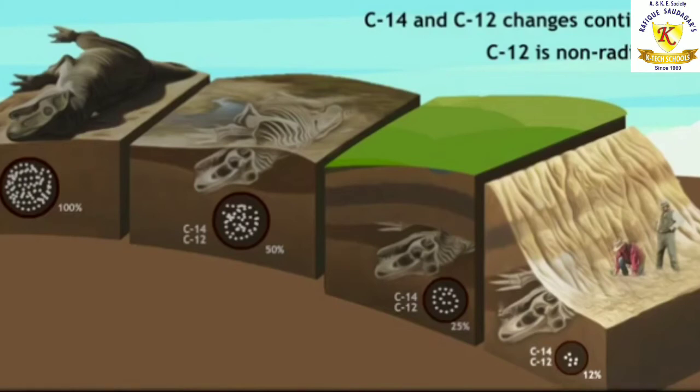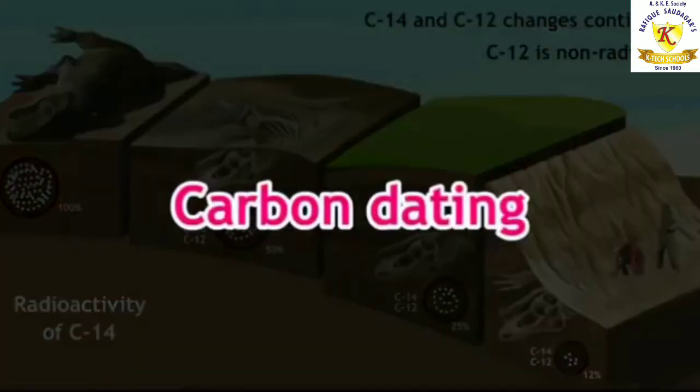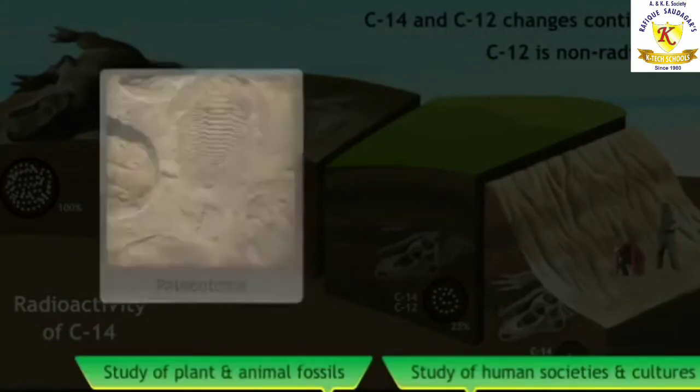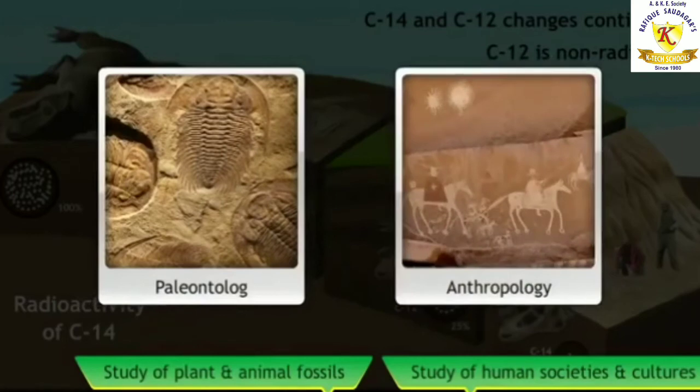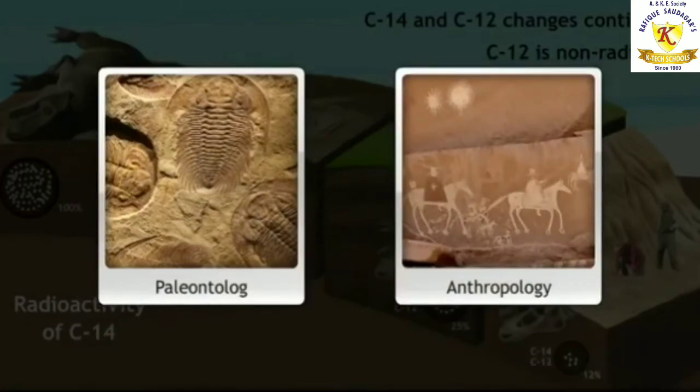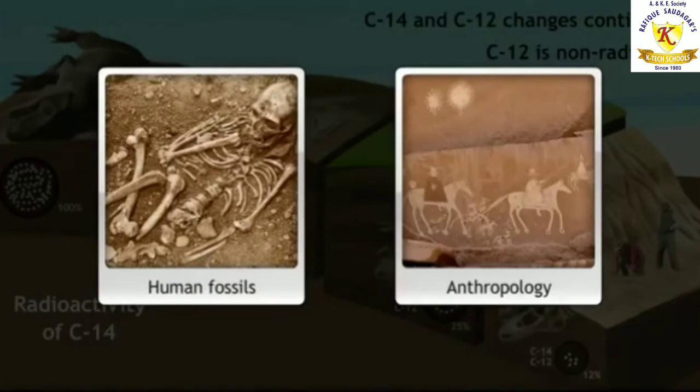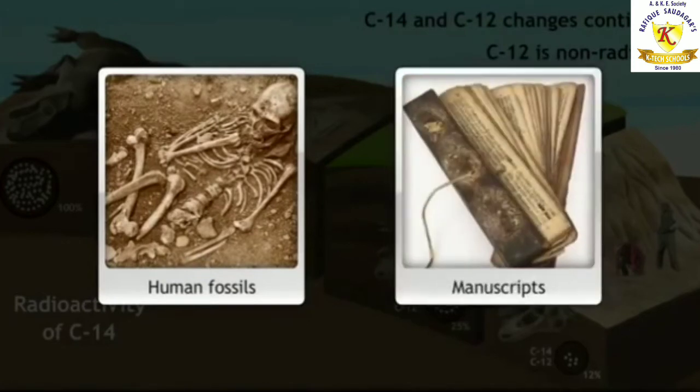The time passed since the death of a plant or animal can be calculated by measuring the radioactivity of carbon 14 and ratio of carbon 14 to carbon 12 present in their body. This is called as carbon dating method. It is used in paleontology and anthropology for determining the age of human fossils and manuscript.